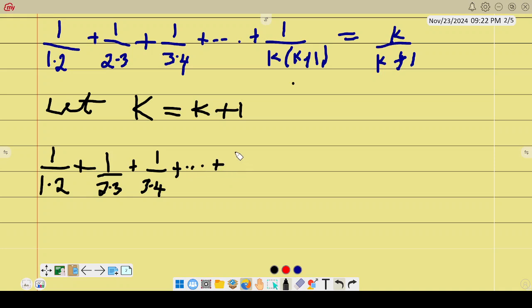Always remember this part which has the plus and the dots, we'll substitute it later on. Plus 1 over k.